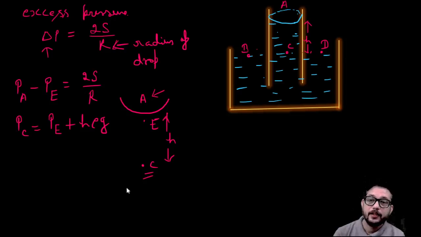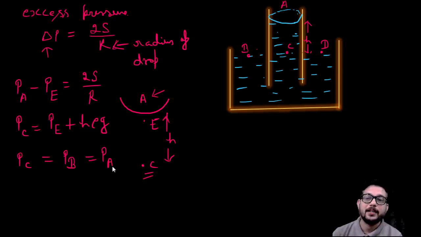Now we have already discussed that the pressure at point C must be equal to pressure at point B, and that must be equal to pressure at point A. So in place of PC, we can write PA. So PA will be equal to PE plus h rho g.